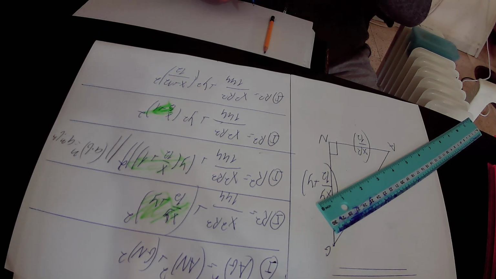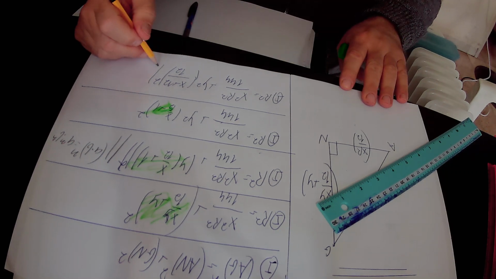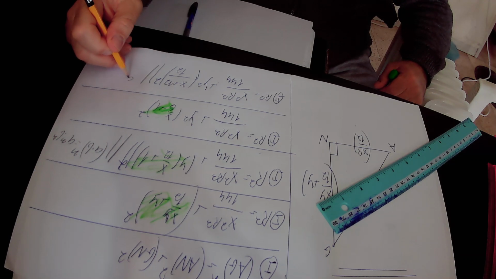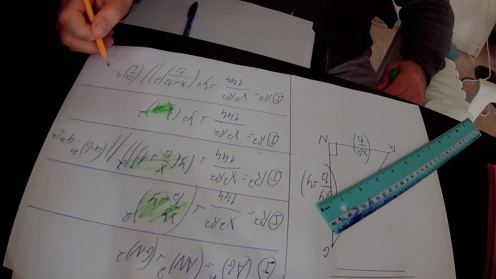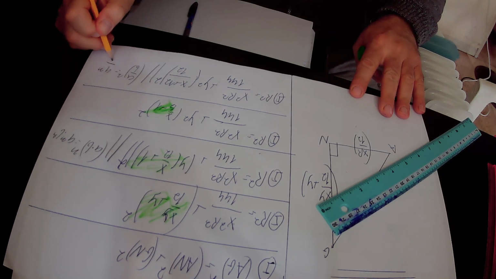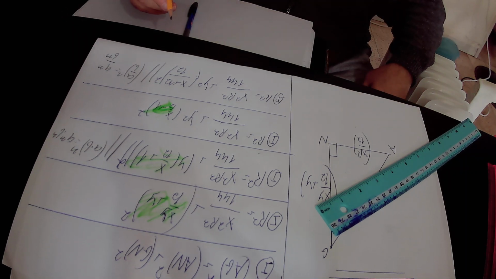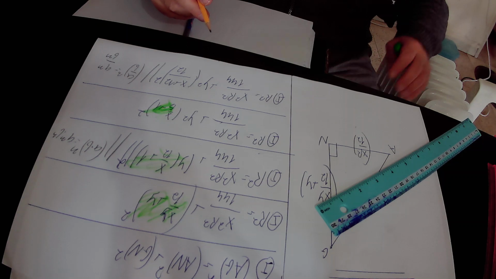So here we'll use the algebraic identity that states that (a over b) to the power of m equals a to the power of m over b to the power of m. According to this identity, we get that (x plus 12 over 12) square equals (x plus 12) square over 12 square. Okay?